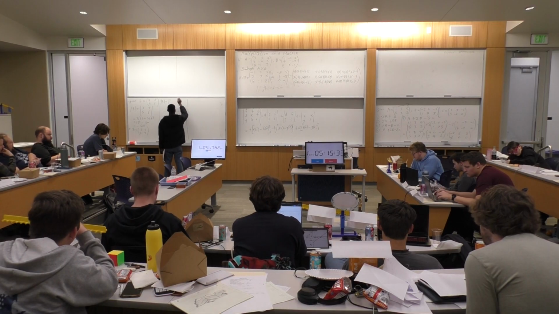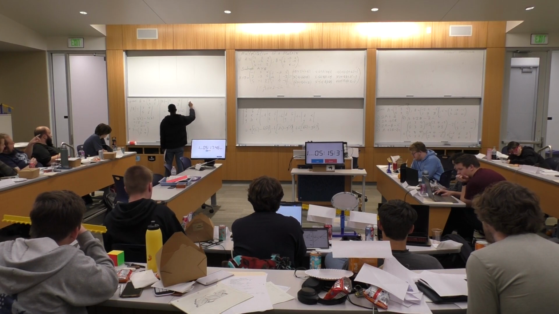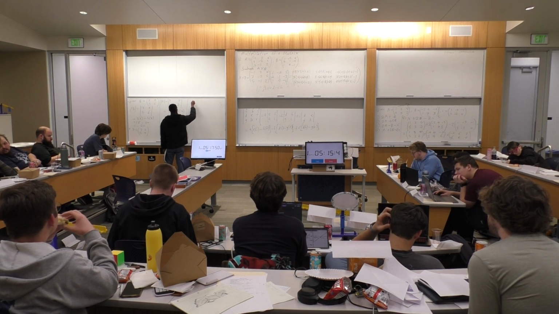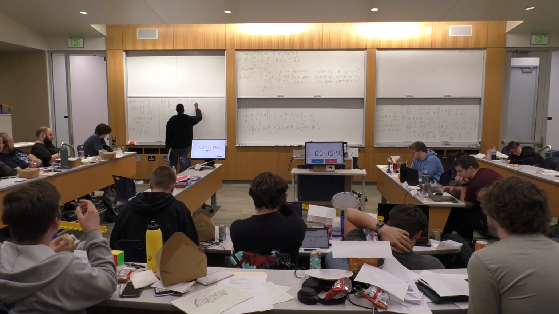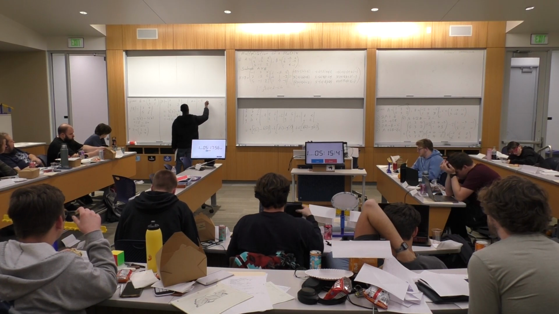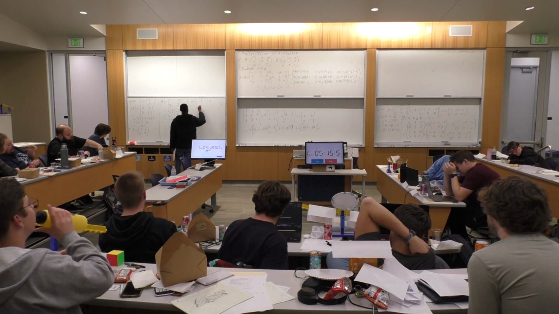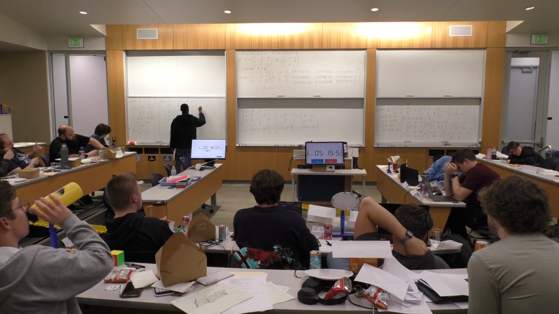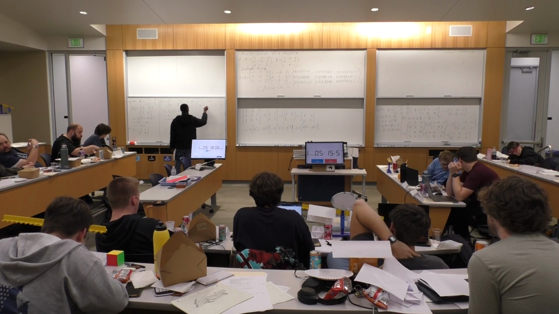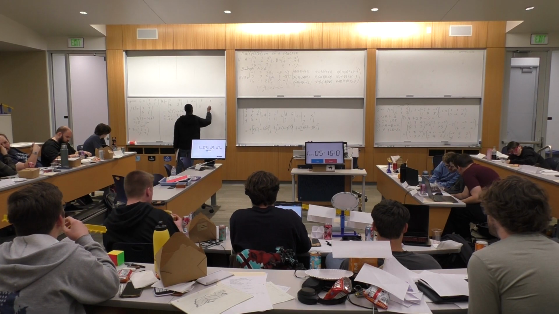Let's add some negative signs. So if you have this, A is equal to, we have a determinant already, minus 5, minus 3, 8, 2.